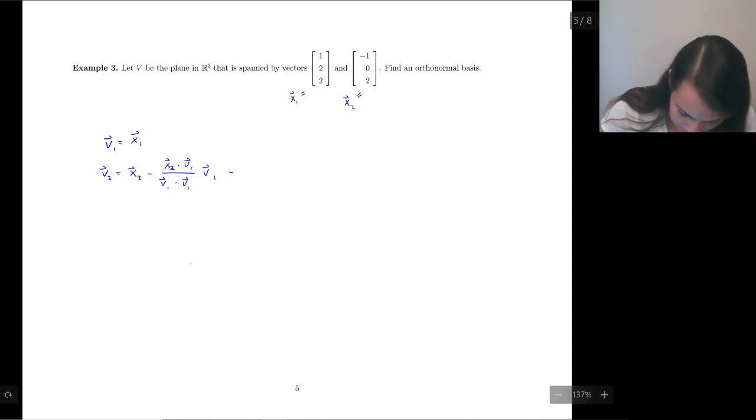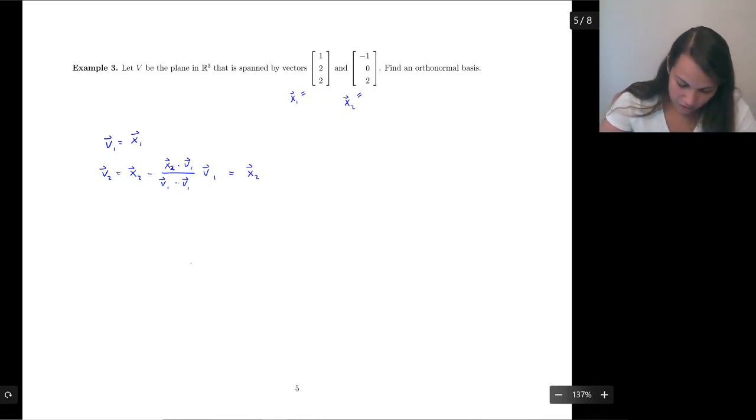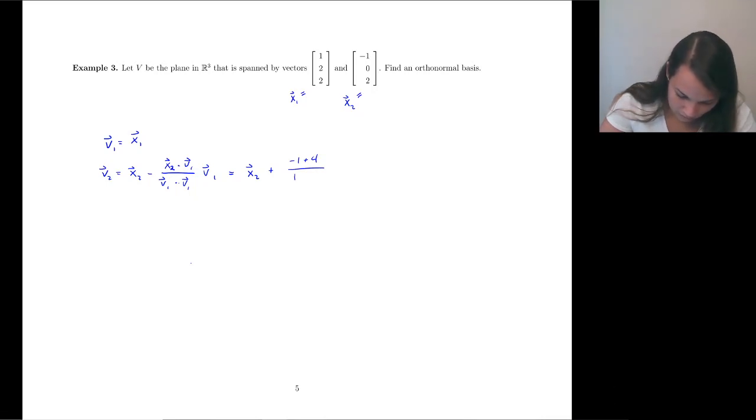So here we go. Let's do some dot products. So x2 dot V1 is going to be -1 plus 4. And then V1 dot V1 would be 1 plus 4 plus 4.